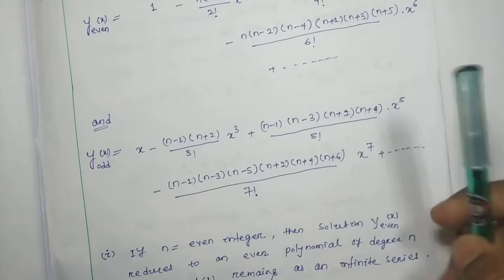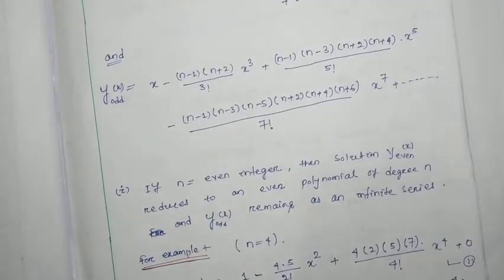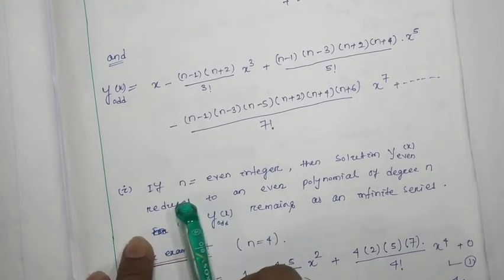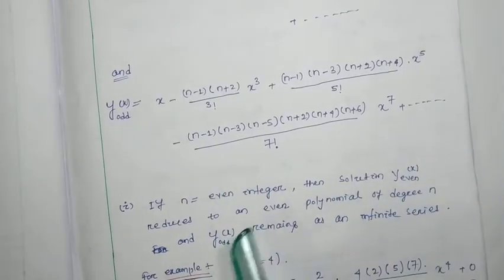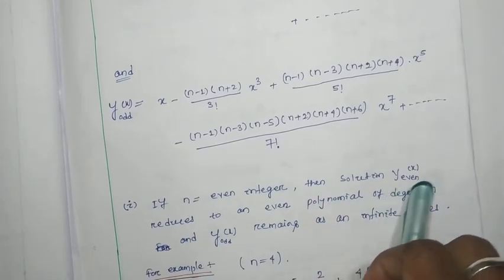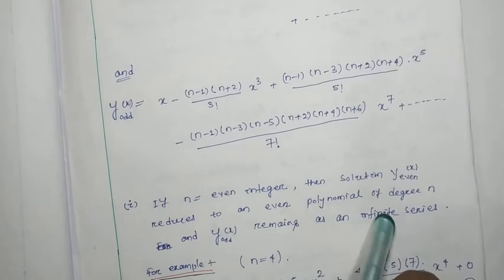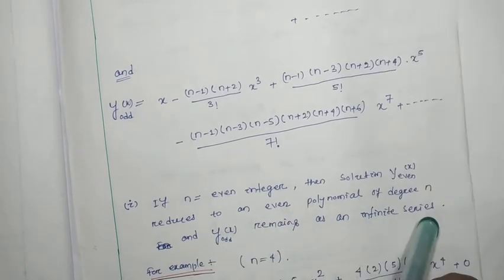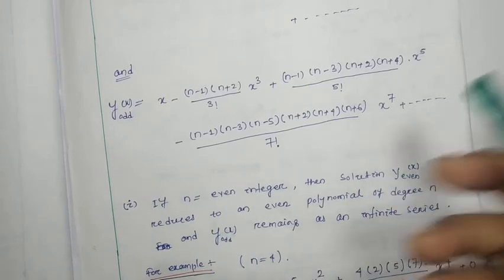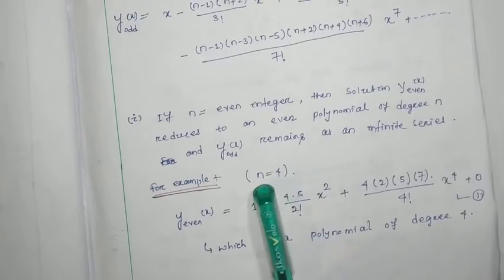Okay. Now we are going to consider that if n is an even integer, then the solution y even x reduces to an even polynomial of degree n, and y odd remains an infinite series. You just check by considering one example, n equal to 4.